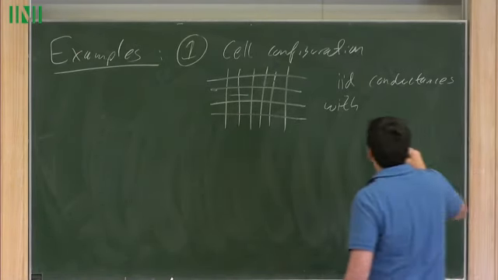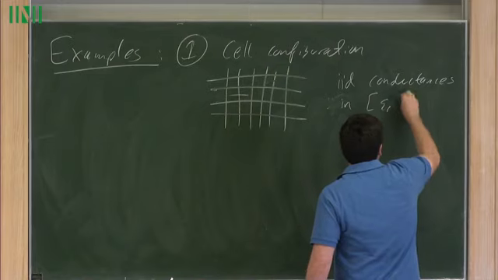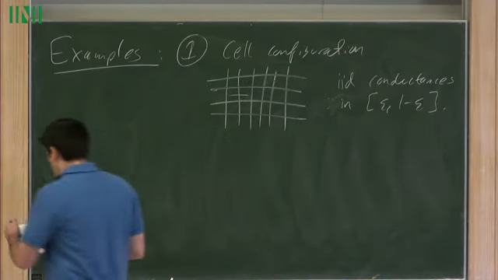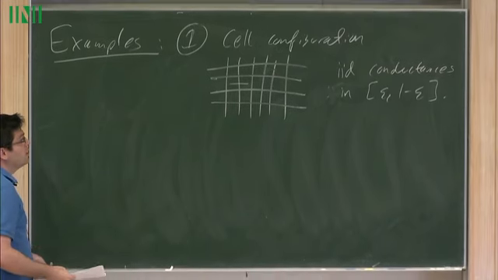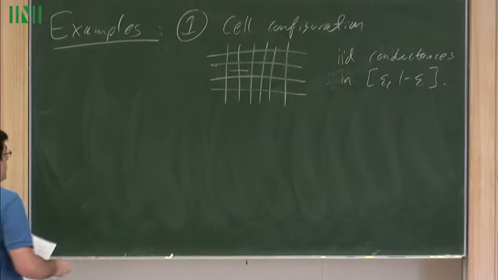To make it very simple, you could assume that the conductances are always between epsilon and 1 minus epsilon. This is the classical random walk and random environment framework.